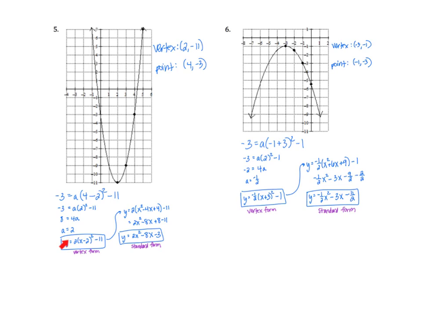I wrote my equation in vertex form, and then I solved for a, and then I multiplied it out to get standard form. In number 6, again, vertex form, solved for a. I used the point negative 1, negative 3, really could have been any point, and then I multiplied it out to get the standard form.